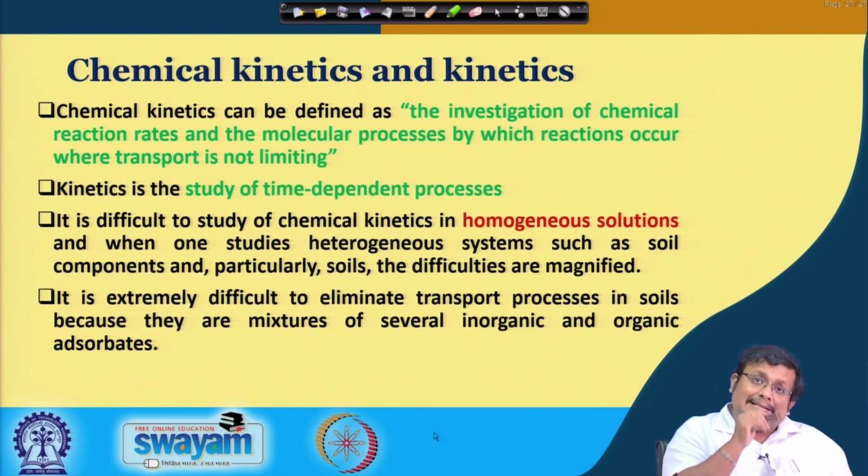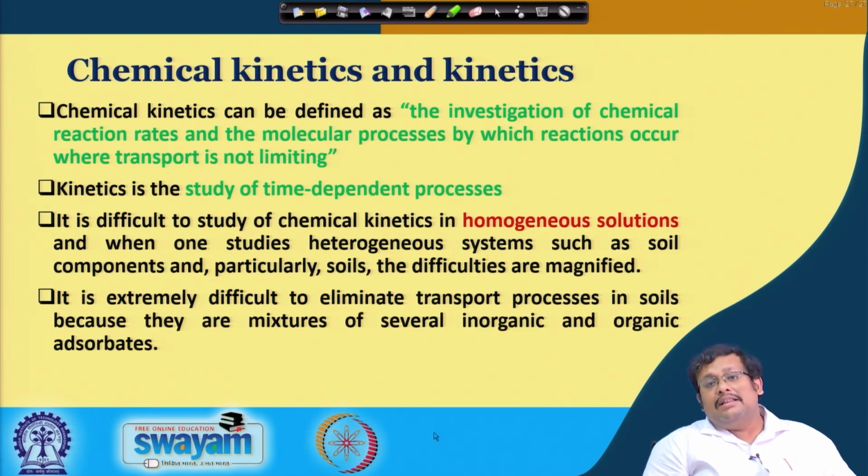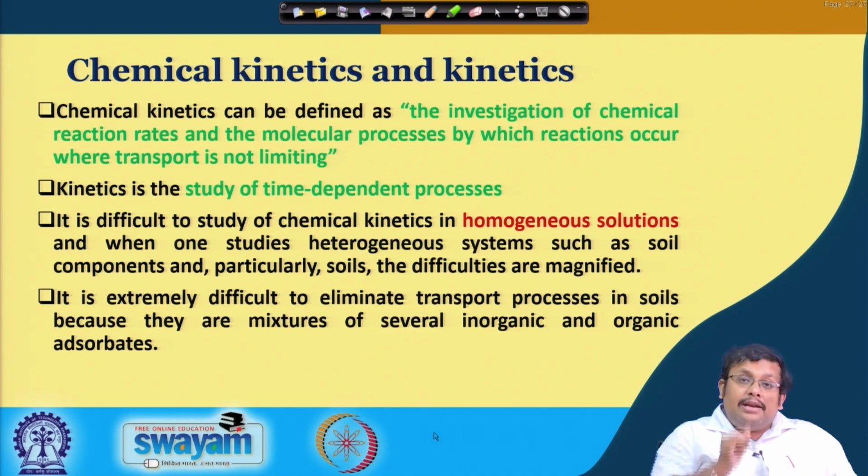Now, let us discuss another important aspect, that is chemical kinetics, and we will also discuss general kinetics. Chemical kinetics can be defined as the investigation of chemical reaction rates and the molecular processes by which reactions occur where transport is not limiting.